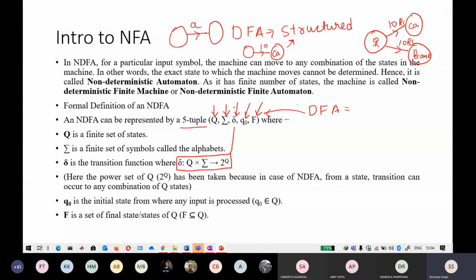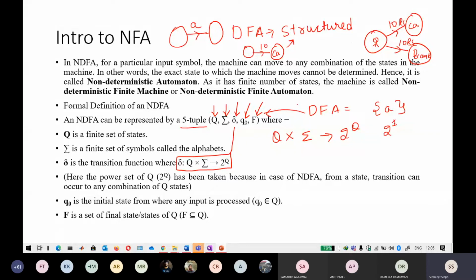But in this particular NFA, if you look at the transition symbol here, it says Q into the set of states. This input alphabet goes to the power set of Q. You remember the power set from set theory: if the set A contains only one element, the power set of A will be 2 raised to the power of the number of elements.